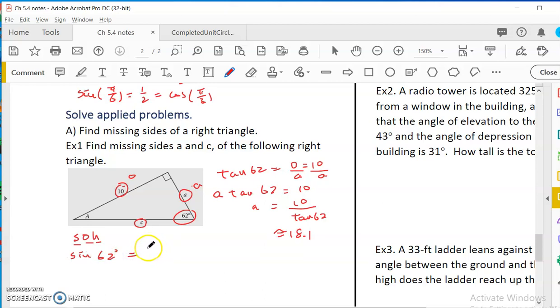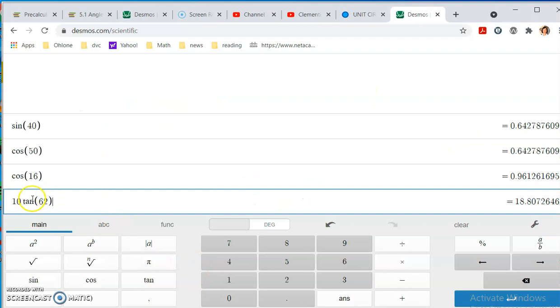Sine of 62 would be O, which is 10, over H, which is C. So multiply C on both sides: C sine 62 equals 10. So C is 10 over sine 62. And round it to one decimal or whatever they want.